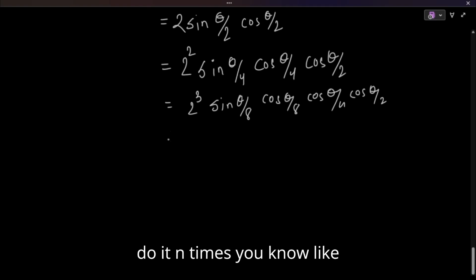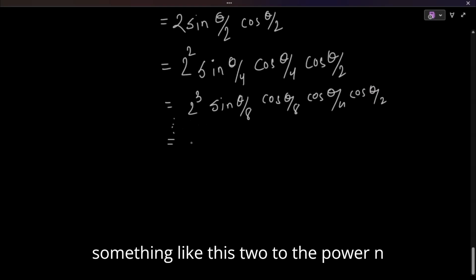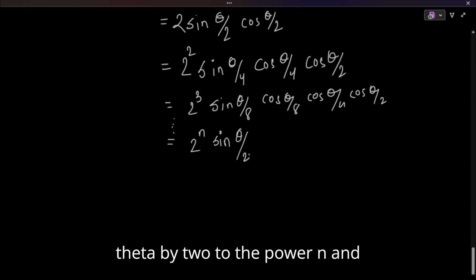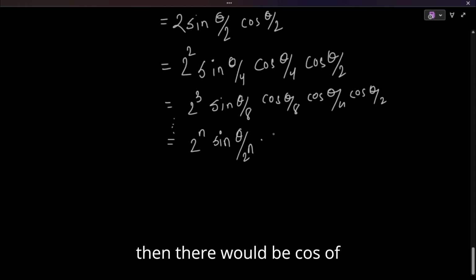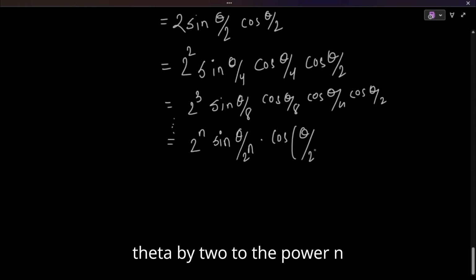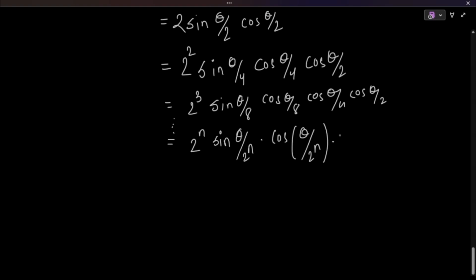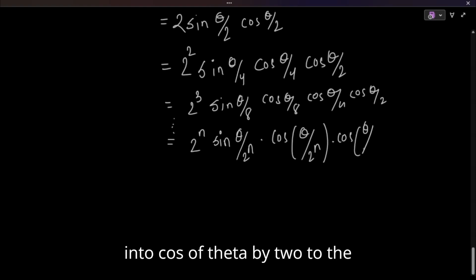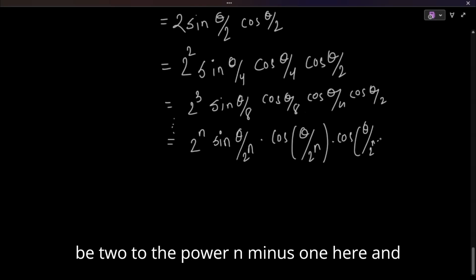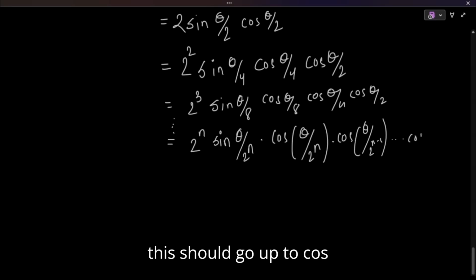So if we were to do it n times, like we expand it n times, what we would get is something like this: 2 to the power n, sine of theta by 2 to the power n, and then cos of theta by 2 to the power n into cos of theta by 2 to the power n minus 1. The power decreases, right? So if it was 2 to the power n here, it should be 2 to the power n minus 1 here, and this should go up to cos of theta by 2.